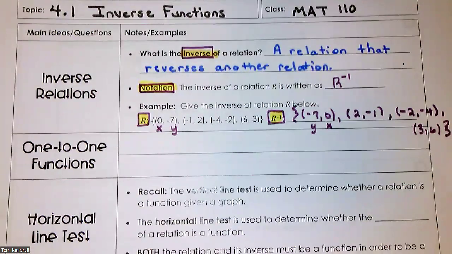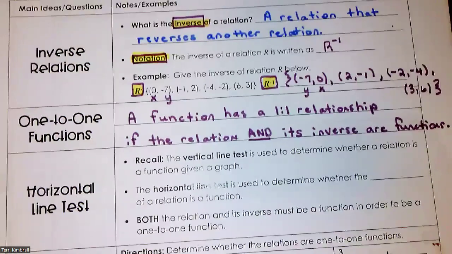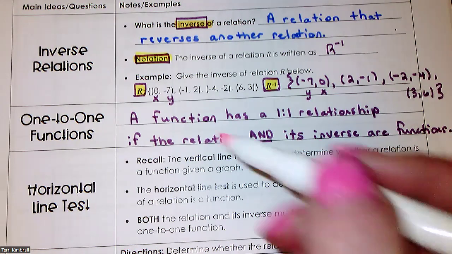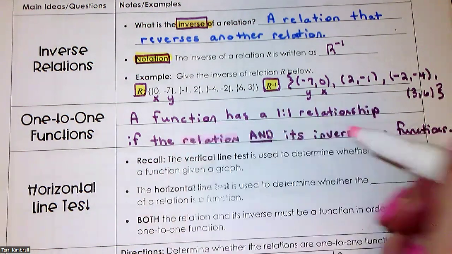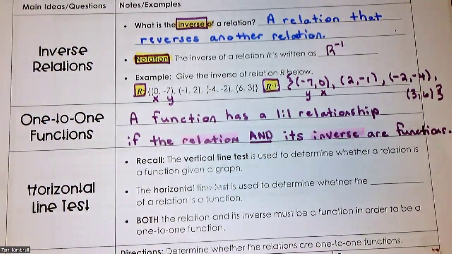Okay, so the definition of 1-to-1 is that a relation is going to have a 1-to-1 relationship if the relation and its inverse are functions.